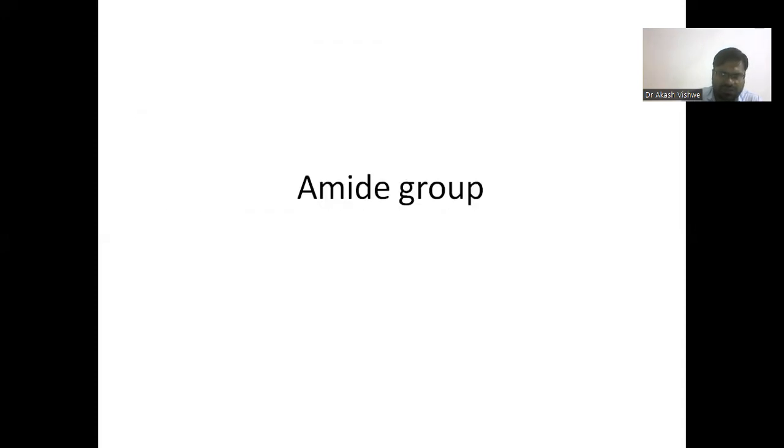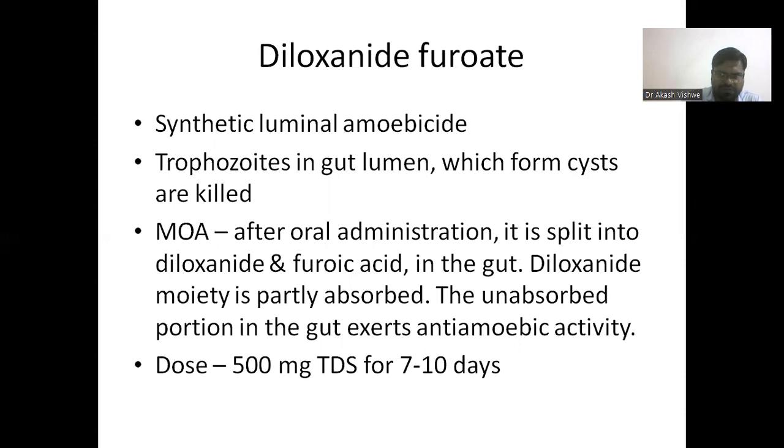Another group is the amide group. The drug is diloxanide furoate. It is a synthetic luminal amebicide; trophozoites in the gut lumen which form cysts are killed. Mechanism of action: after oral administration, it is split into diloxanide and furoic acid in the gut.